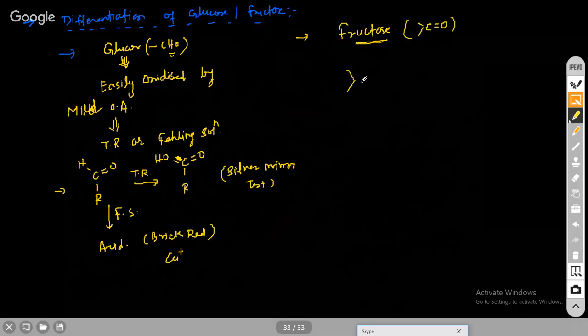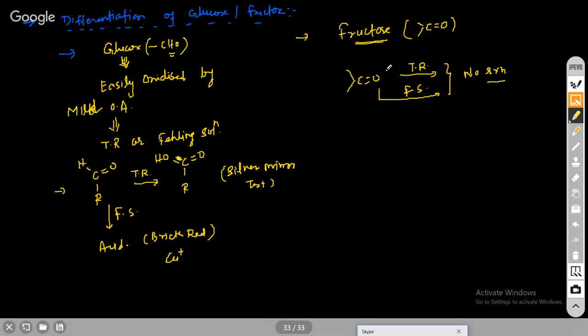And since it is ketone, if you put Tollens' reagent or Fehling's solution, there is no reaction at all because there is no hydrogen present on it. These are weak oxidizing agents. Since hydrogen is not present for ketone, oxidation of ketone requires a comparatively stronger oxidizing agent. That's why Tollens' reagent and Fehling's solution could not oxidize this, right?